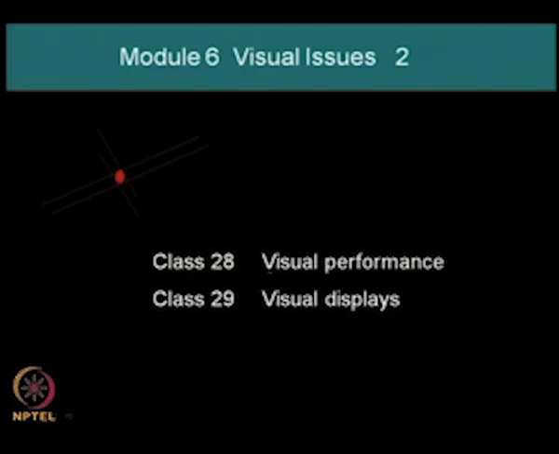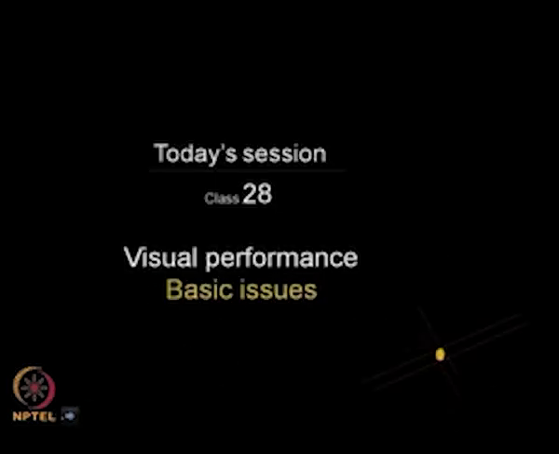Class number 28 is visual performance and 29 is visual display related material. So, today's session, class number 28, is visual performance and basic design issues, and in this we will discuss the basic visual performance aspects.